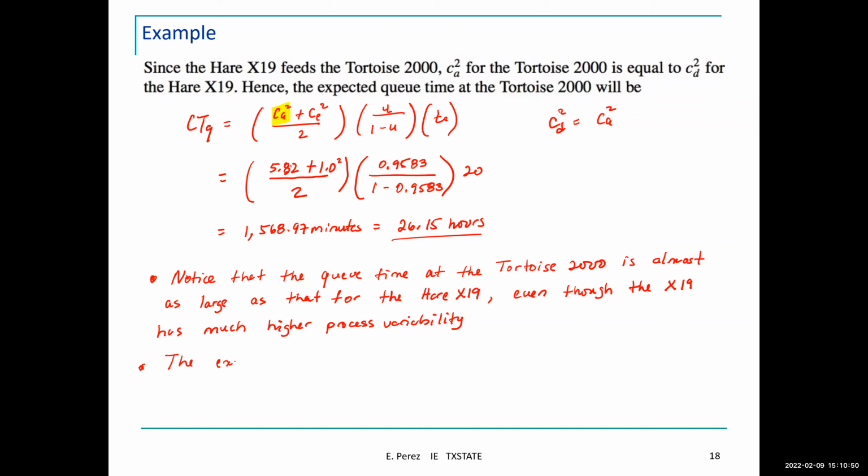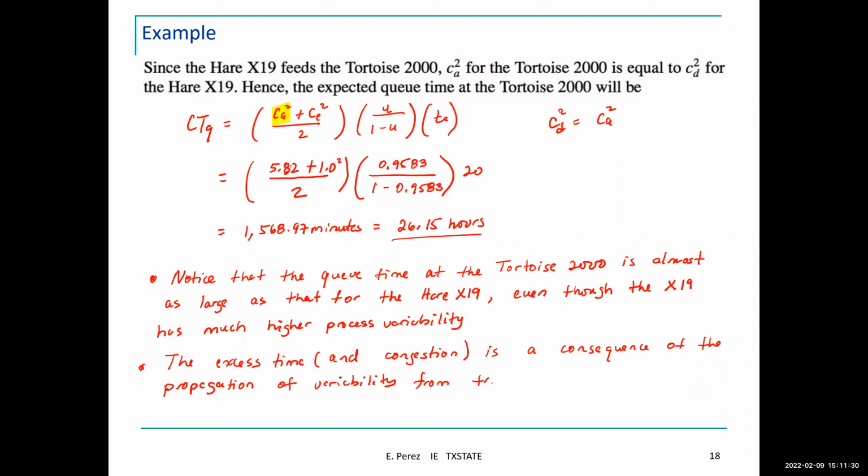The excess time and congestion is a consequence of the propagation of variability from the upstream X19.